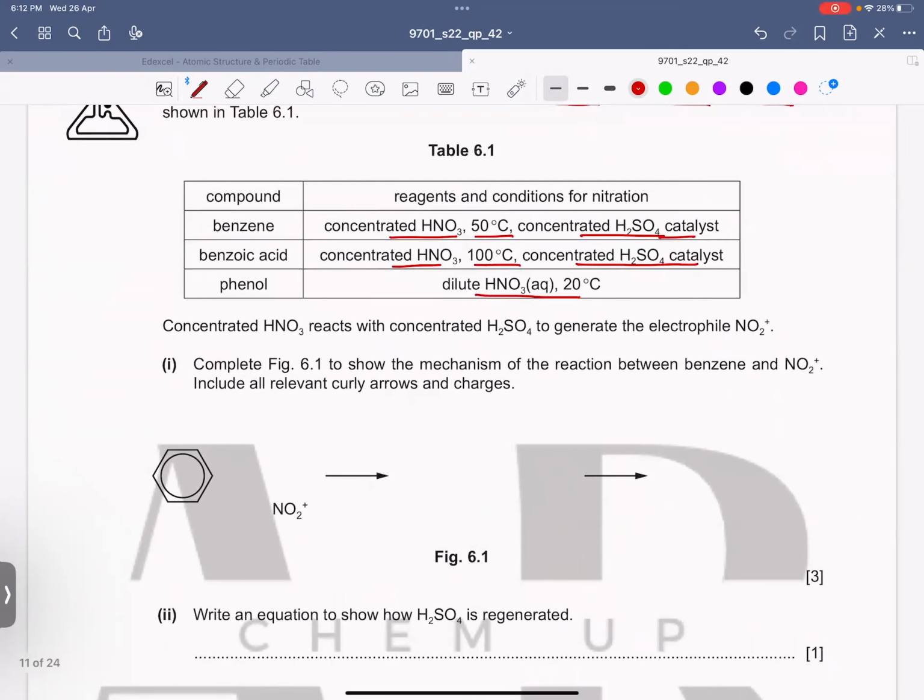So if you look at these conditions, we can easily relate their reactivity, and I can say that this one is the most reactive, this one is the least reactive, and this one is of moderate reactivity. Is this understandable to everyone?